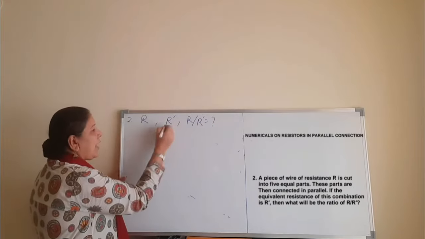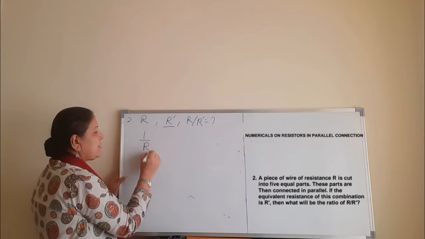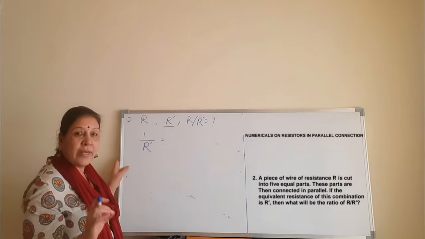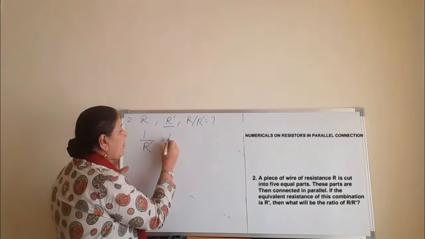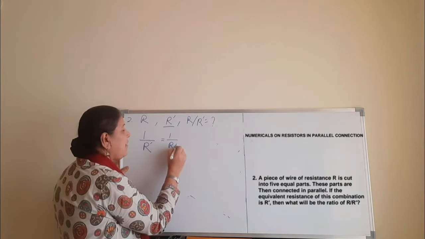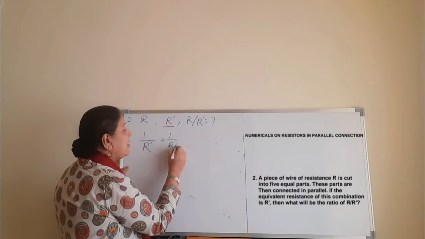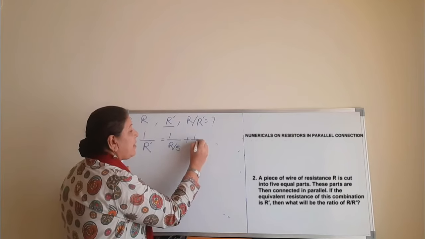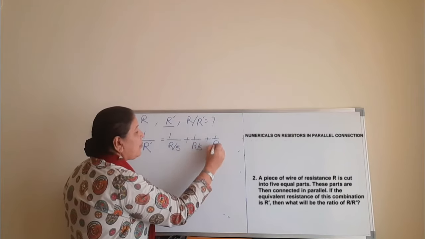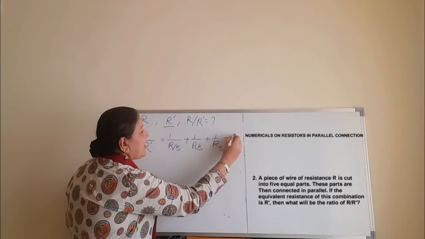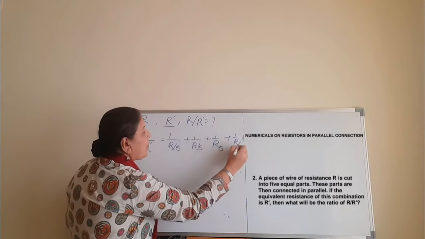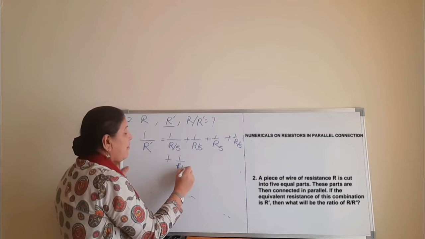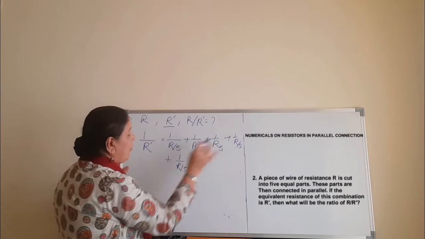So 1 upon R dash, the new resistance, is equal to, when they all are connected in parallel, one part with R by 5 resistance, then the next part 1 upon R by 5, then the next part 1 upon R by 5, then the fourth part 1 upon R by 5, and the fifth part also 1 upon R by 5. 1, 2, 3, 4, 5.